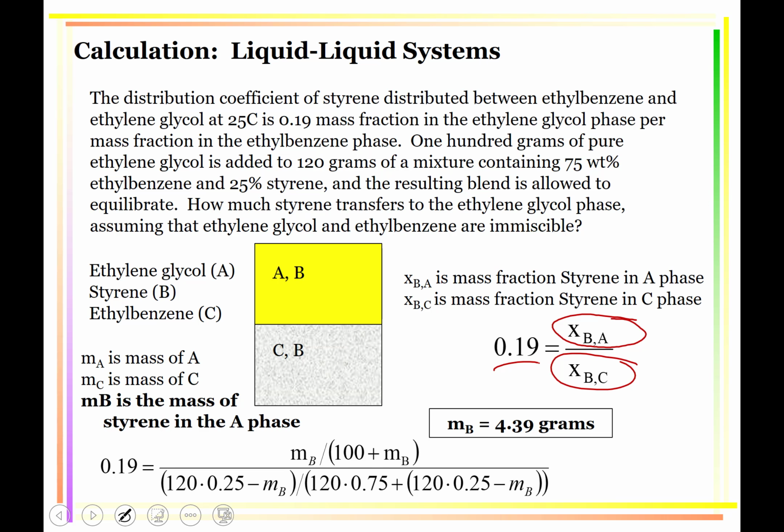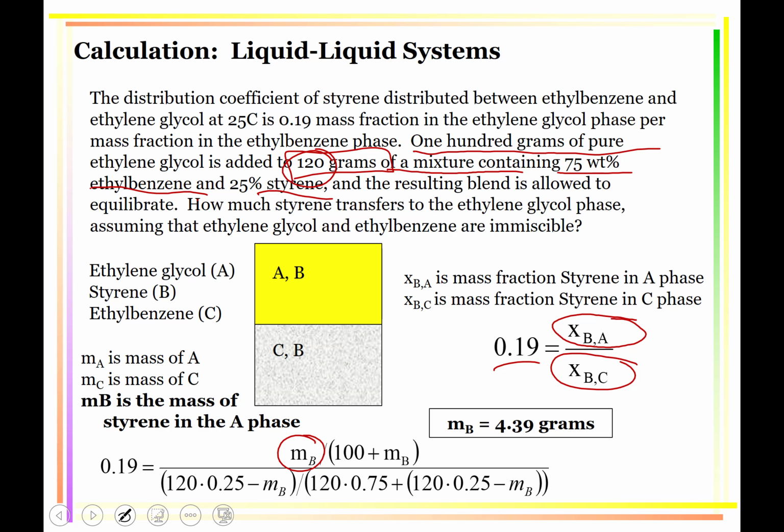So what I have done is I have selected M of B. So we know what we have going in. We have 120 grams of the mixture. We have 100 grams of ethylene glycol. Of this 120 grams, 25% is styrene and 75% is ethylbenzene.